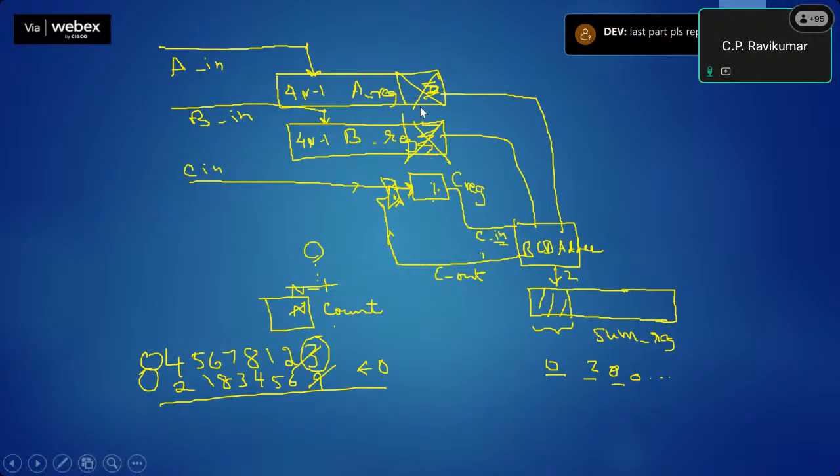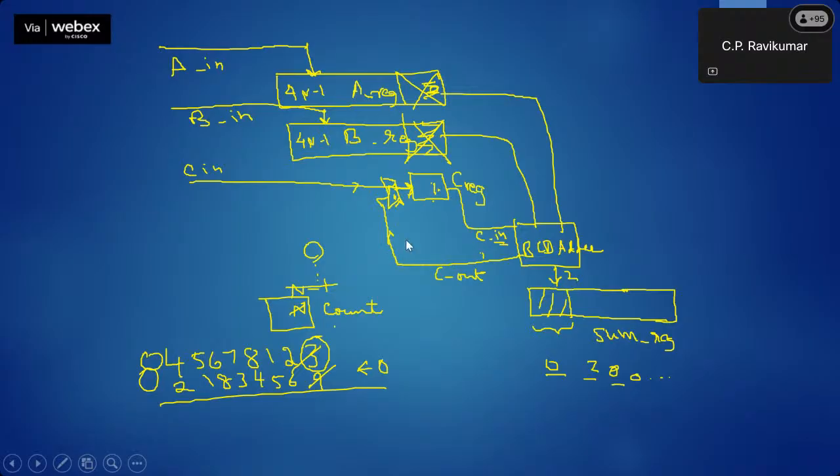A and B have 8 BCD digits. It adds only one BCD digit at a time. So it is hardware efficient. Only one BCD adder is required. But as a result, it will require 8 clock cycles to complete.